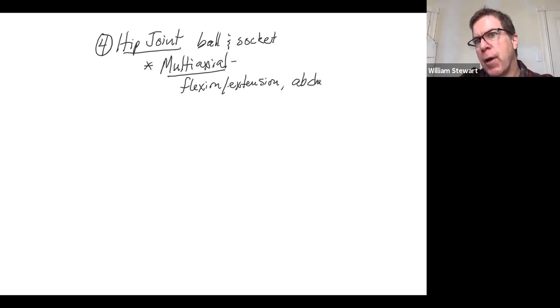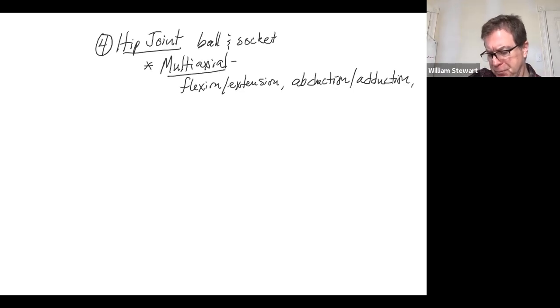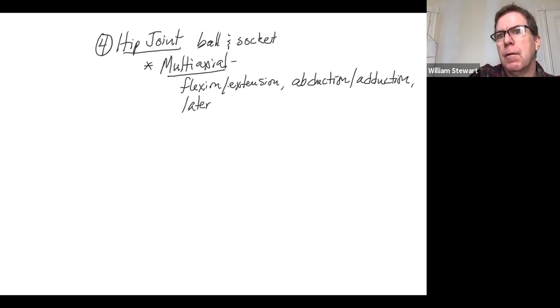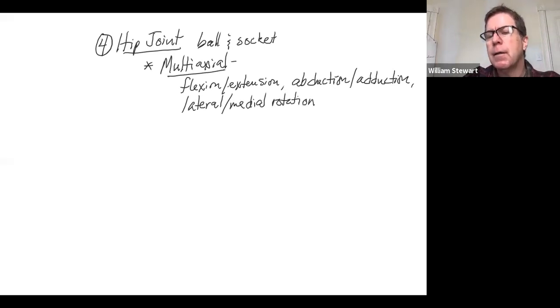Remember, ab is moving away from the midline, ADD is moving toward the midline. Lateral and medial rotation. This is also a highly diarthrotic joint, very movable. And finally, circumduction.